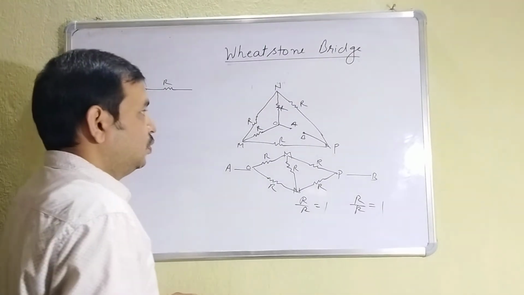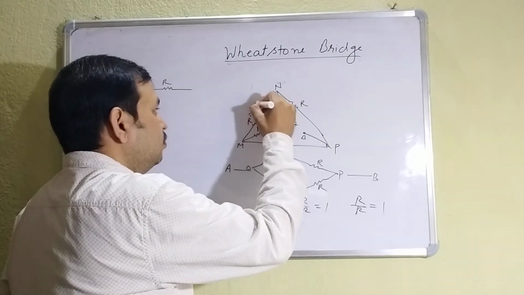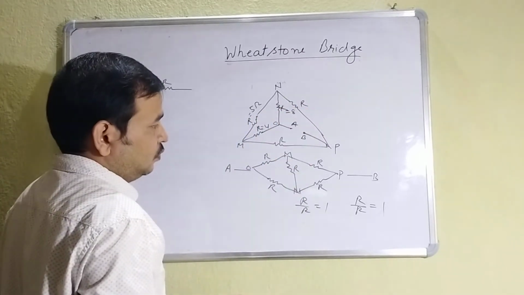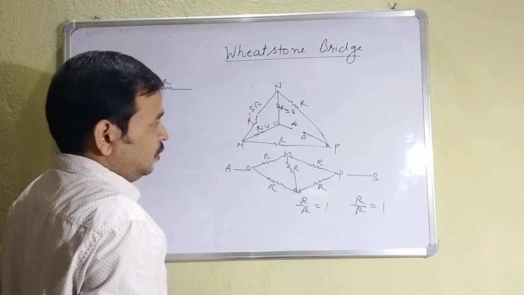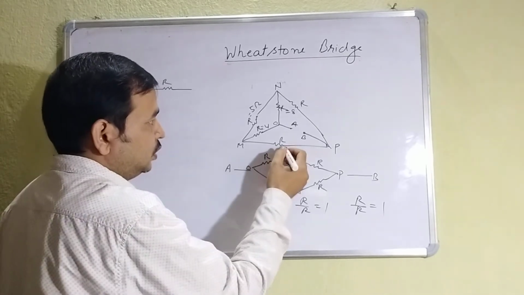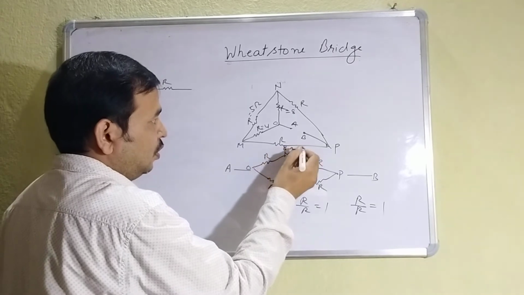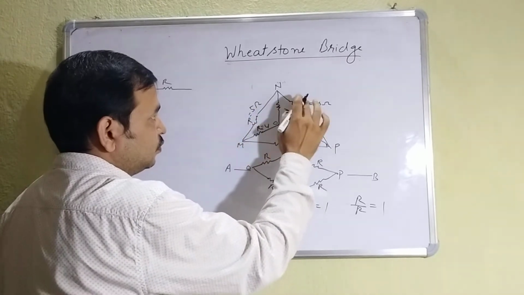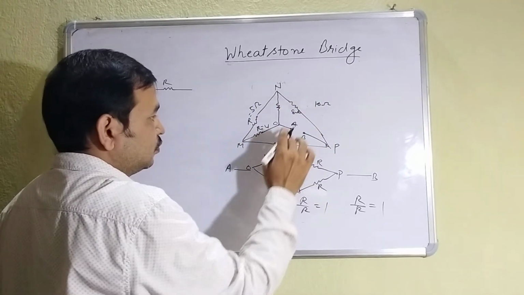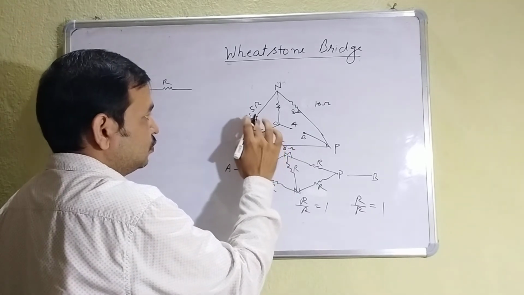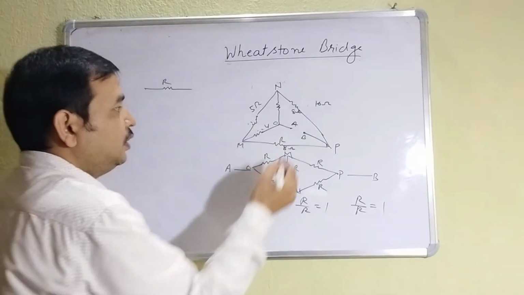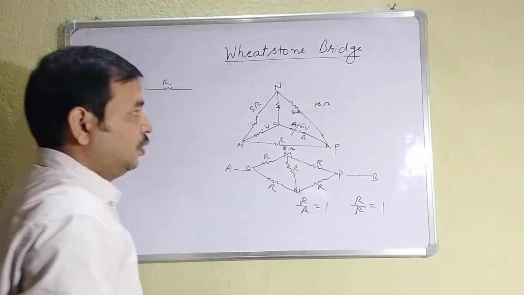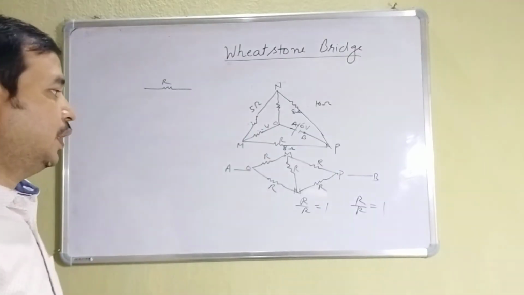Suppose it is given to you that this is 5 ohm, this is 4, this is 8. This is 8 and this is 16 ohm. Suppose the values are given to you and the EMF between A and B is given as 6 volt. Now find the current through the different resistors.